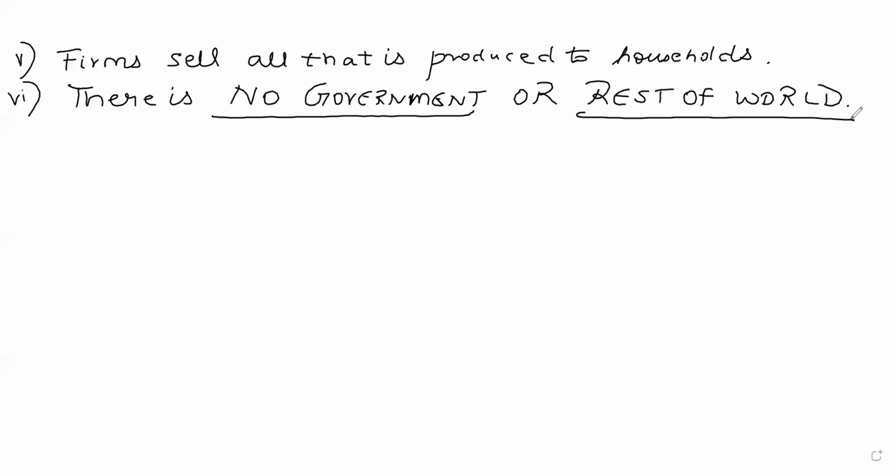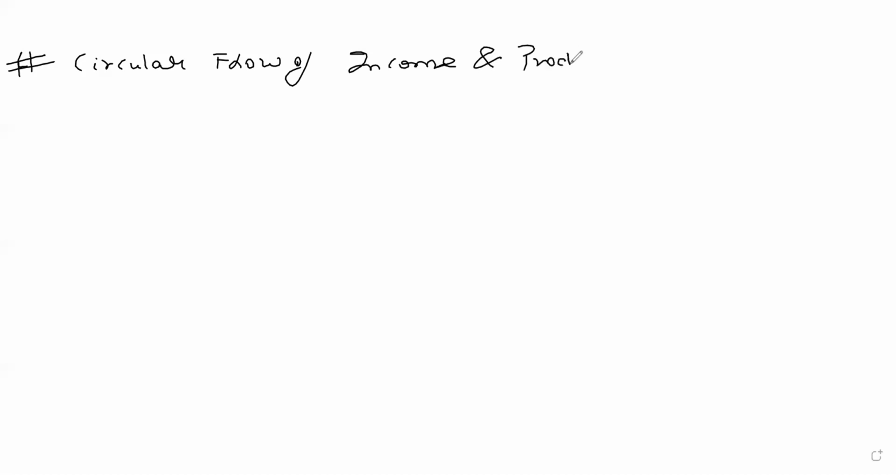Okay, so now we are in a position to make a diagram. Erasing all this off, let's now look at the diagram. You can clearly see that circular flow of income and product consists of two types of markets.